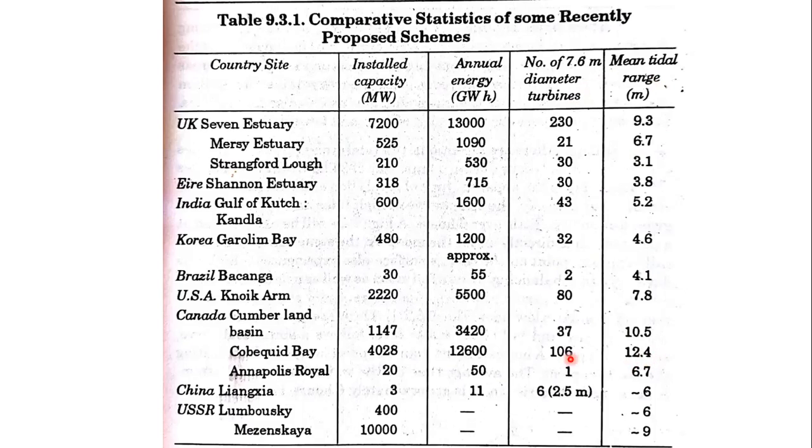If you observe, the highest mean tidal range is 12.4 meters at Canada, Cumberland, Shepody Bay.